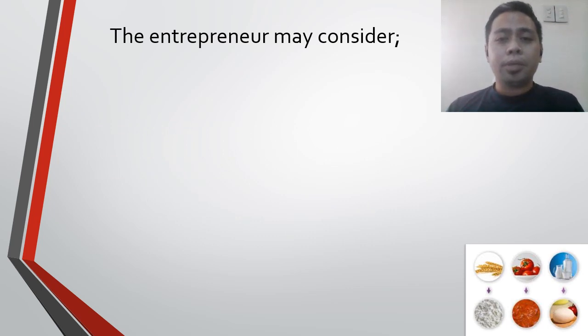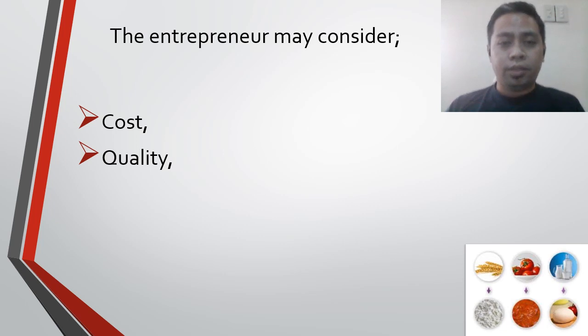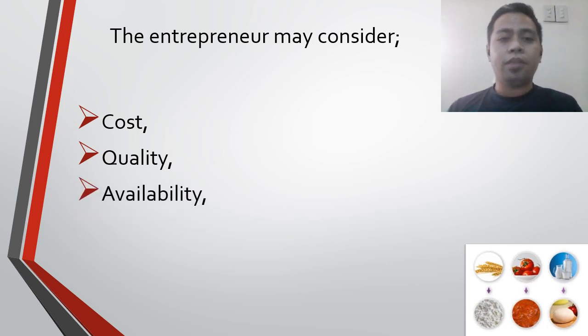So the entrepreneur may consider the following in having the raw materials. First is the cost and the quality. So as I've said, the low cost and the high quality is what we need even in equipment. Same with the materials. Low cost, high quality. Next is the availability. The question is, are the raw materials always available as our needs arise?